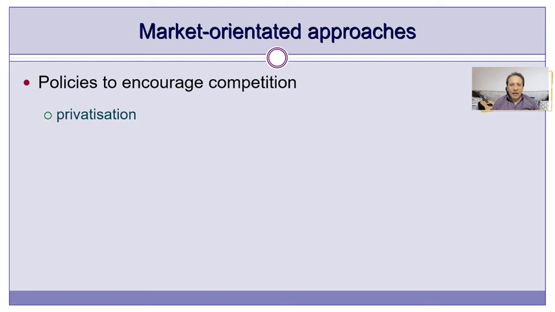So we have other policies to encourage competition. Among others, privatization. This is also one of the main policies from the political right. They like public institutions to be more oriented to the private sector.